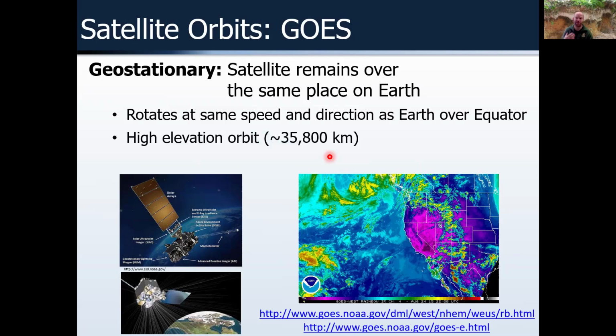Major differences here: a geostationary satellite is very, very far above Earth's surface. It has a high elevation orbit. So again, it's fixed above the equator, and it is approximately 35,800 kilometers above Earth's surface. So much, much, much higher than those sun-synchronous satellites. While I'm showing a weather satellite here, these geostationary satellites are also very commonly used for all of our communication.